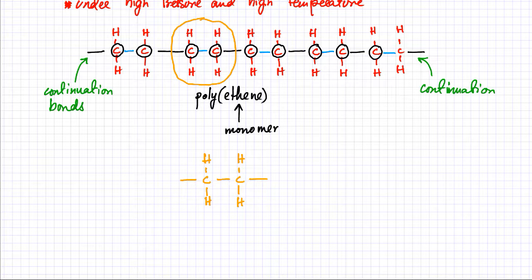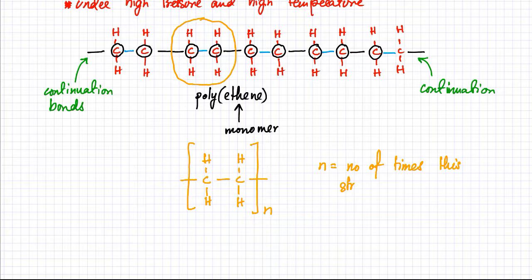So you draw the continuation bonds, and then you put square brackets around it, meaning that this structure is being repeated n times, which could be thousands of times or hundreds of thousands of times. So n is the number of times this structure repeats. So that is how you draw a polymer of ethene.